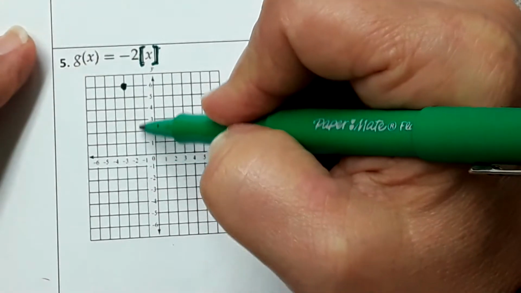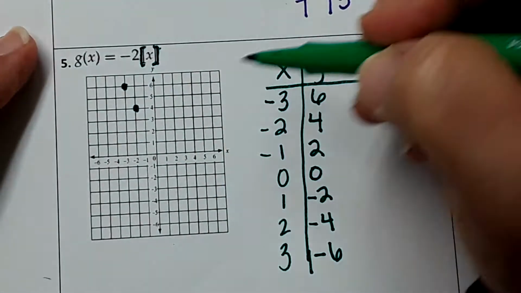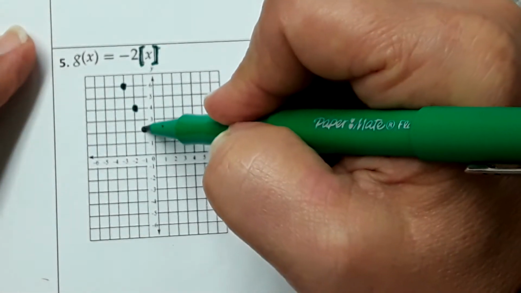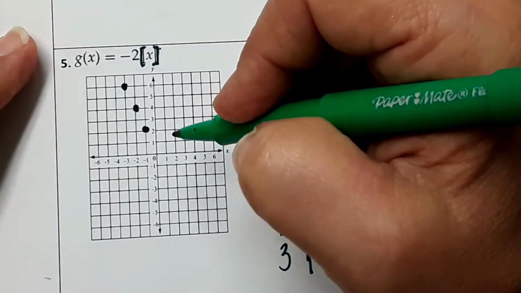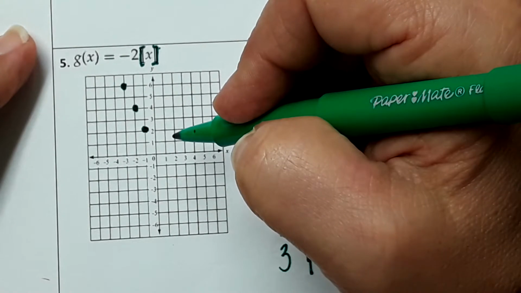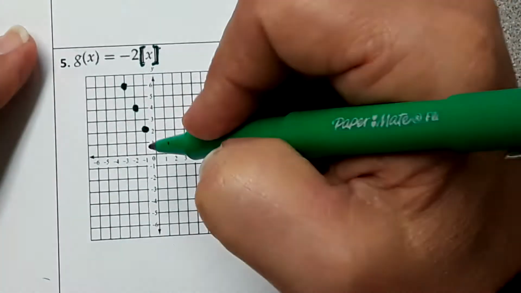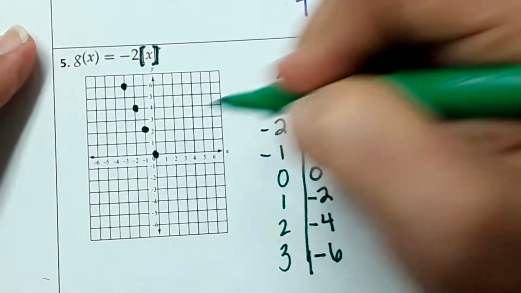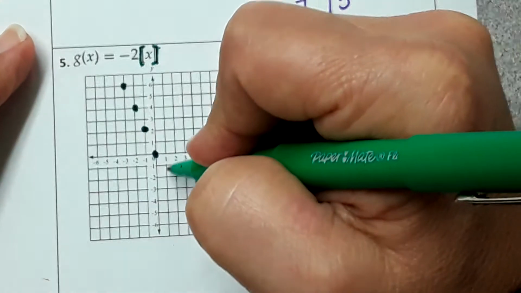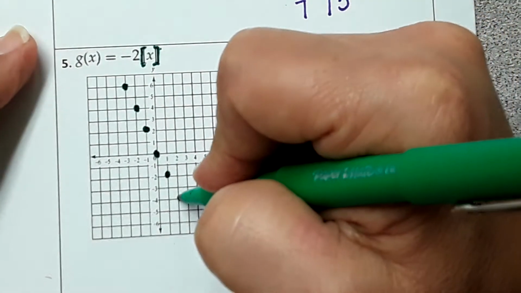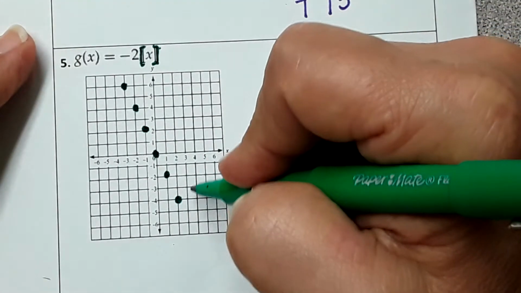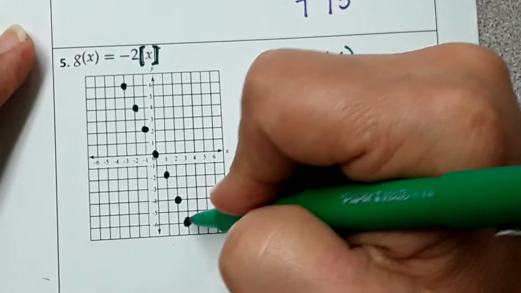Negative 2 to 4. Negative 1 to 2. 0 to 0. 1 to negative 2. 2 to negative 4. And 3 to negative 6.